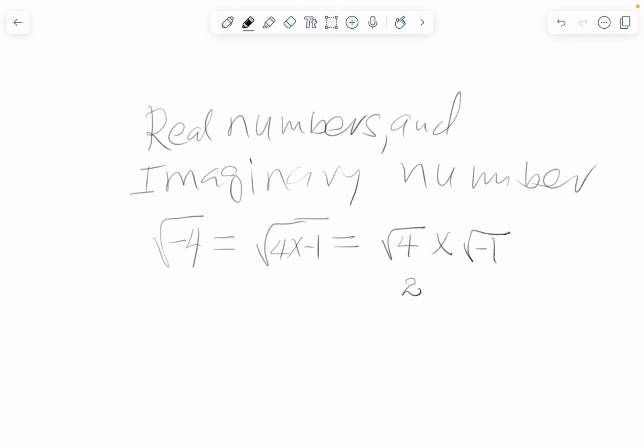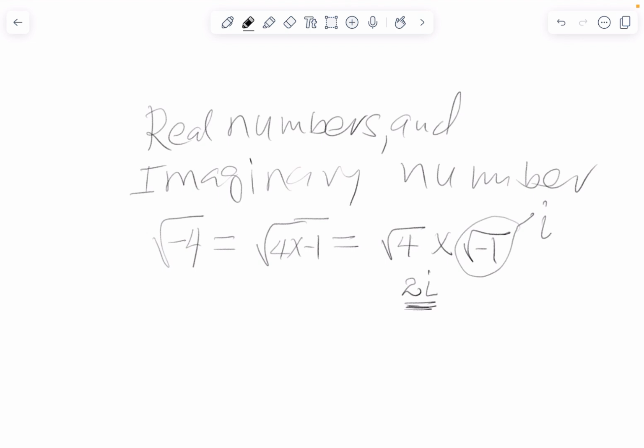So we call this i, the imaginary unit. So 2 times i is the answer for the square root of negative 4. This is an imaginary number.